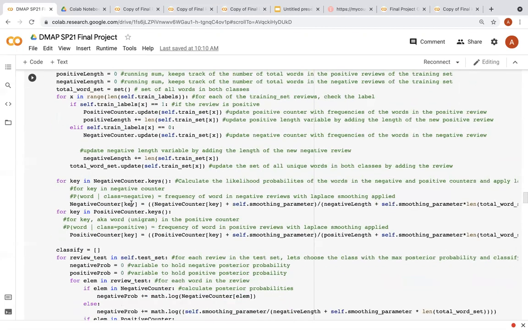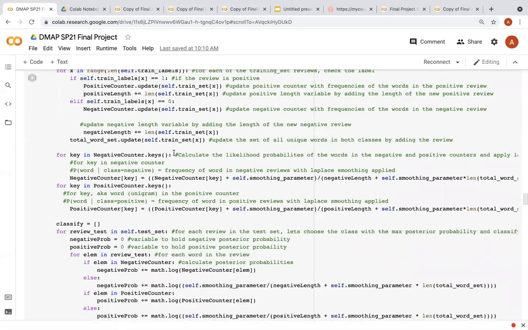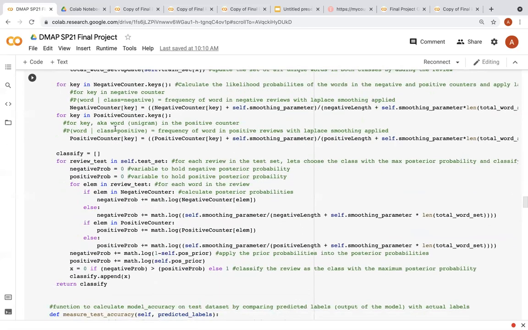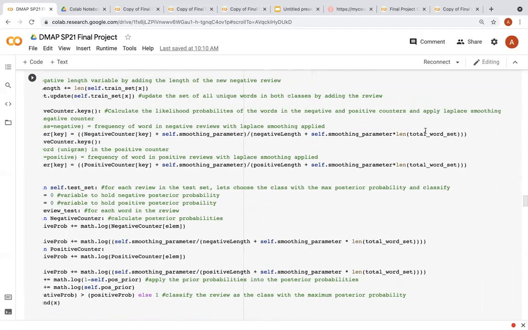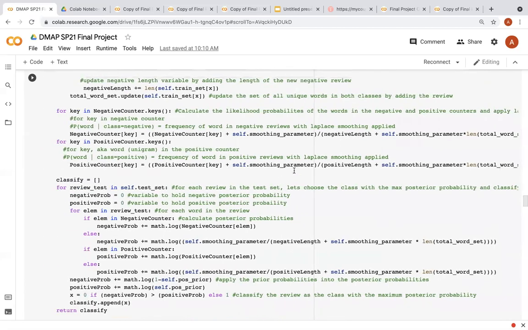Same thing with negative, and we update the total set of all words as well. And then we calculate the likelihood probabilities, right, which are just the frequency along with Laplace smoothing. And this is following exactly the formula I mentioned previously in the video, my introduction.